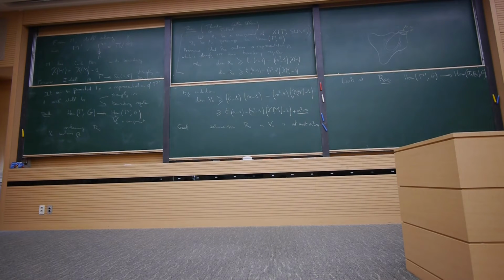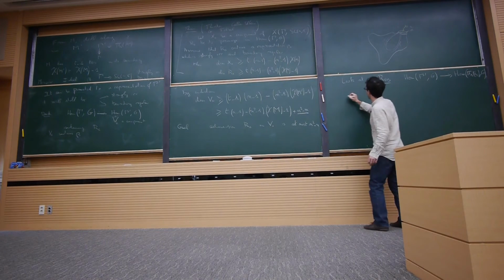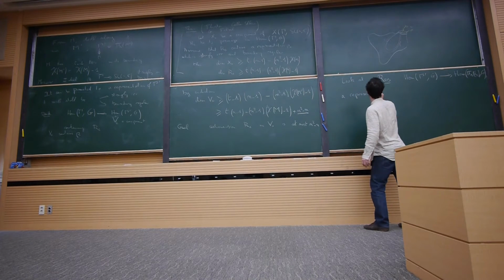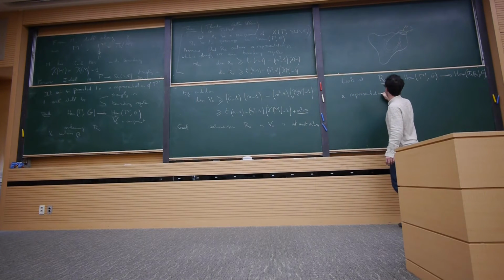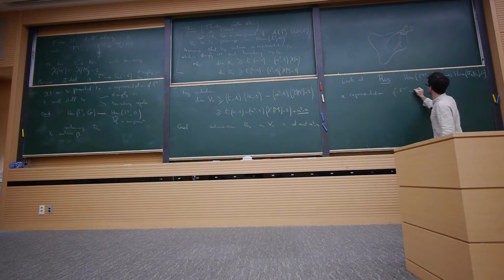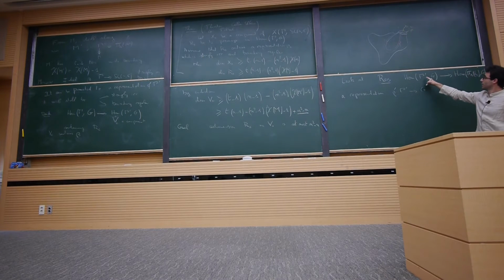And now, what does that mean, that some representation from gamma prime is in fact a representation of gamma? What does that mean in this setting?